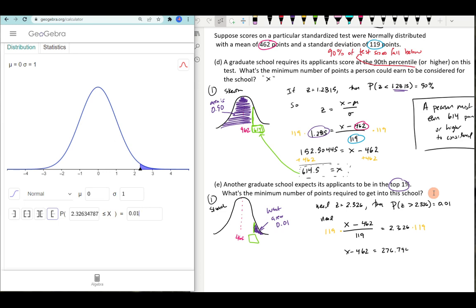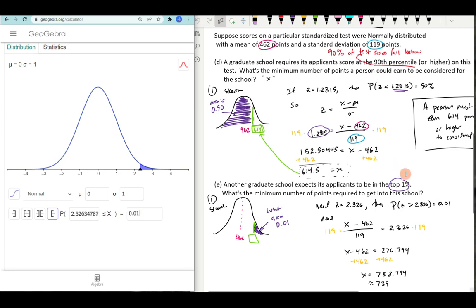And then I'm going to add the mean 462 to both sides, being careful to line up place values. So adding those two together, I end up getting 738.794, which rounded is approximately 739 points.